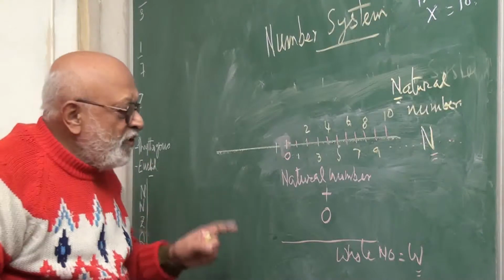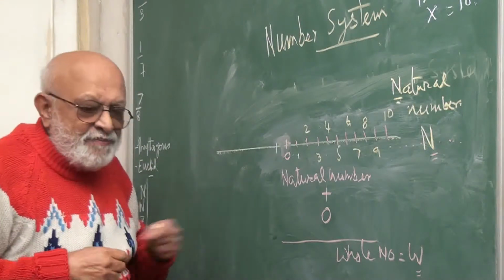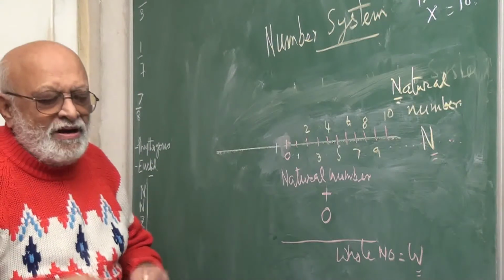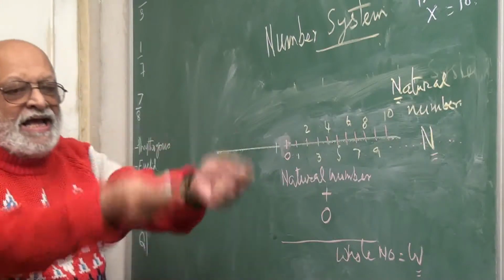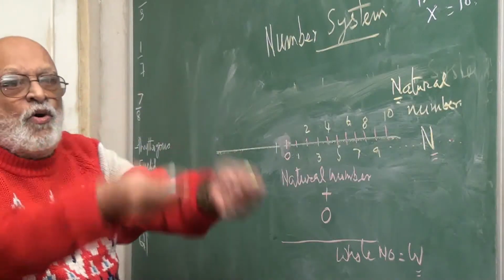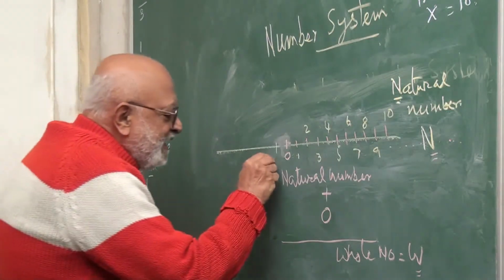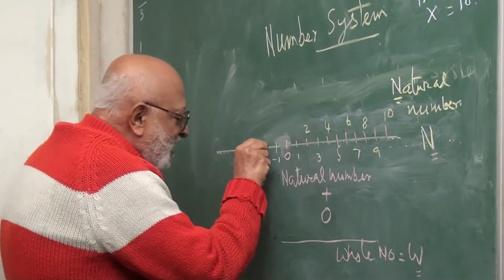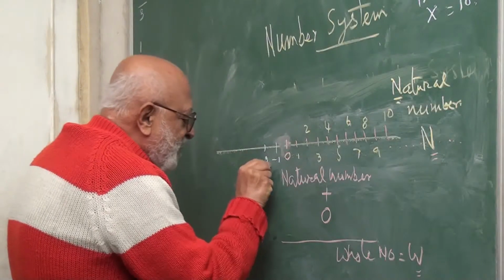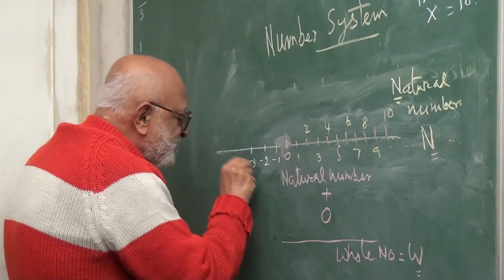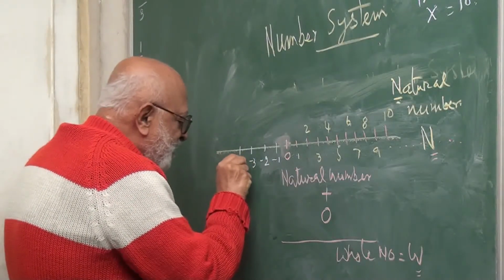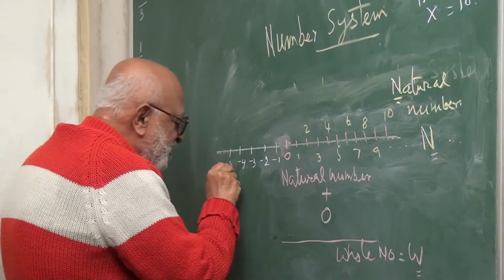Because what is negative means something which I don't have, but I have spent it. So that means I owe it to somebody. In order to indicate that, the concept of negative signs was developed. So 1, 2, minus 3, say let us say minus 4, and this is minus 5.